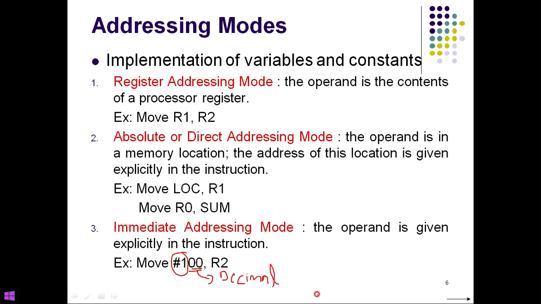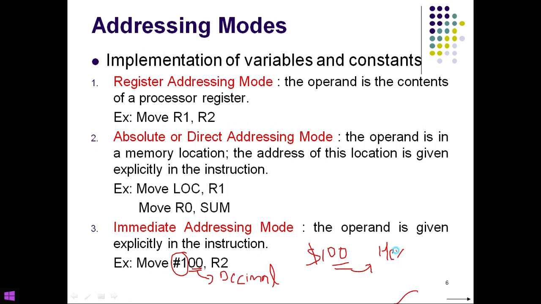And whenever I use some symbol, say I use the dollar symbol and I write 100, in this case this number 100 is treated as a hexadecimal number, so this becomes a hex number.